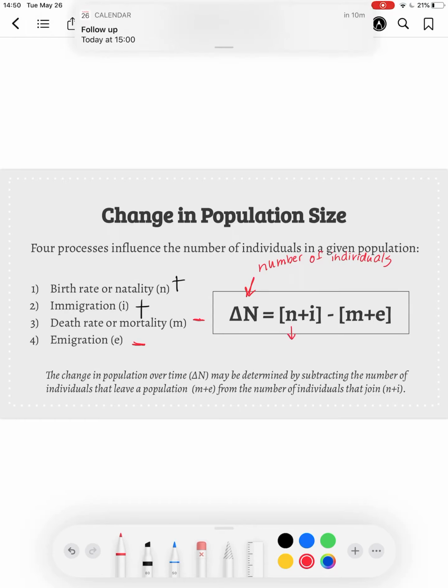This part is looking at those positive things, and this part is taking away those negative things. So we add the births and the immigrants minus the deaths and the emigrants, and we can calculate how many individuals have been added or taken away from the population as a whole.